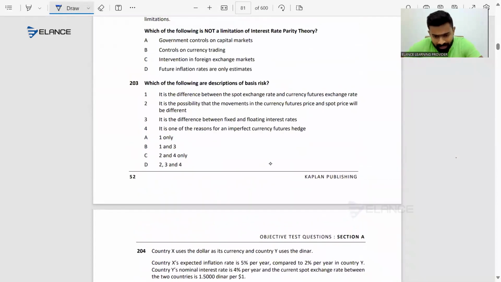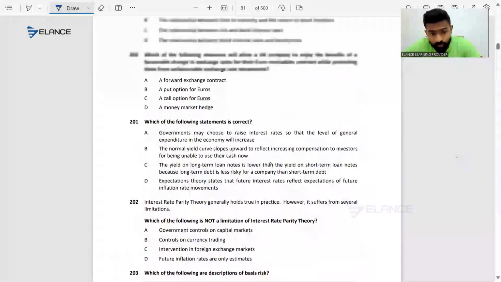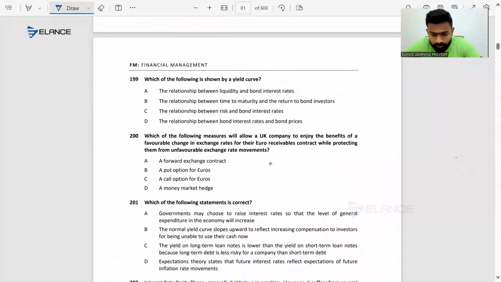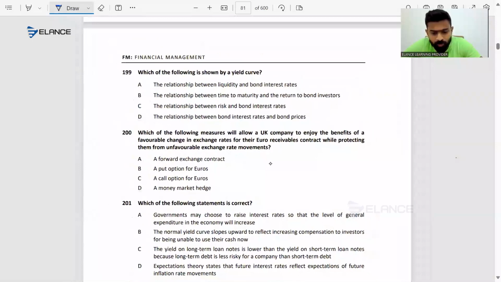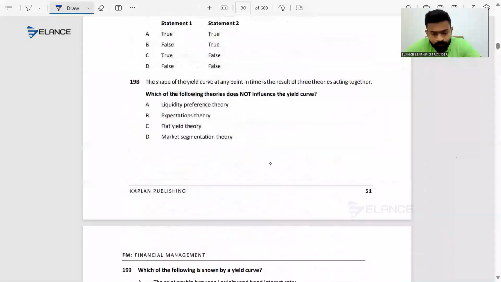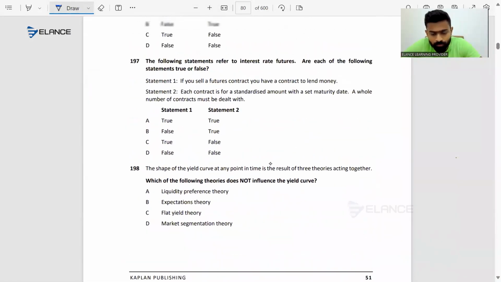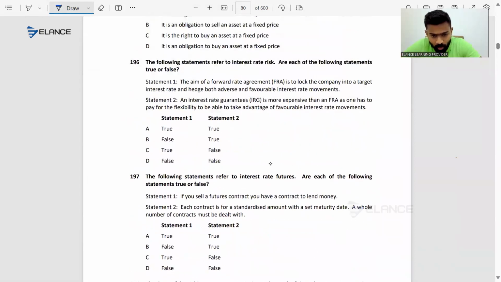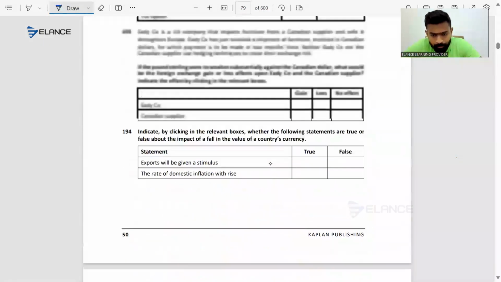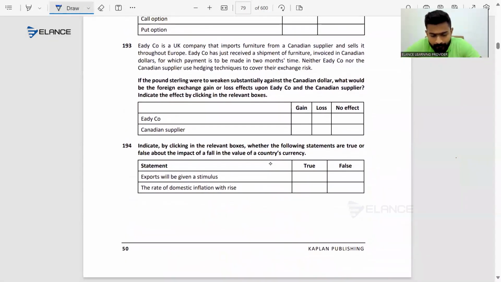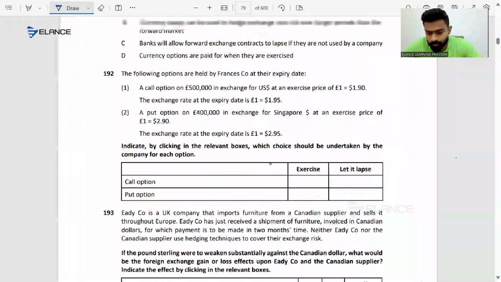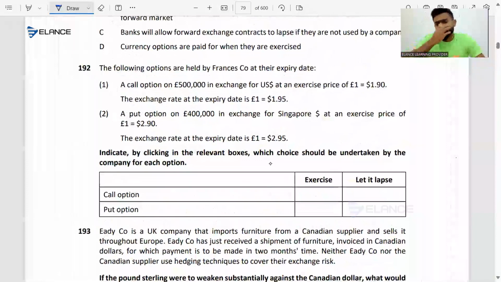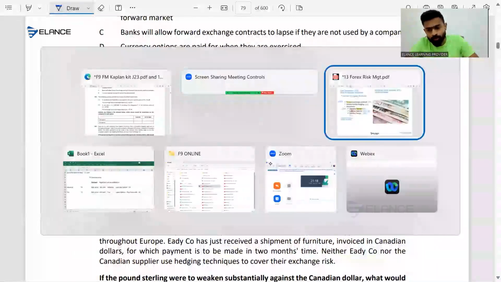Now, we will try to solve a question from options.